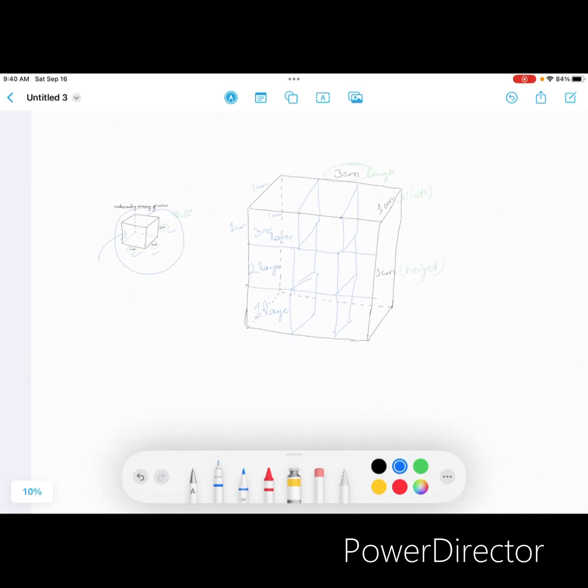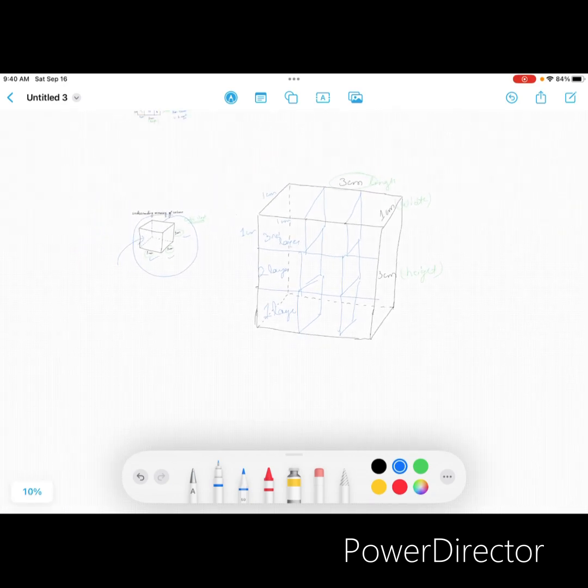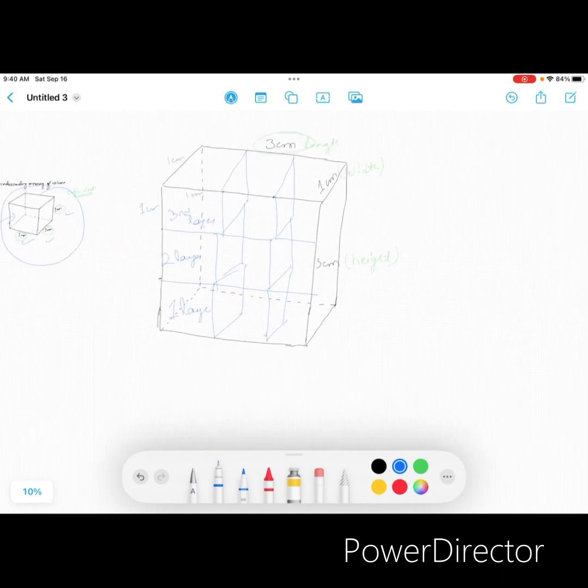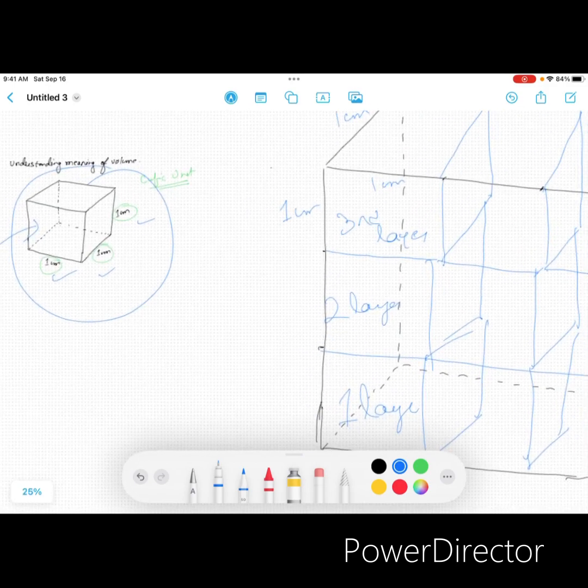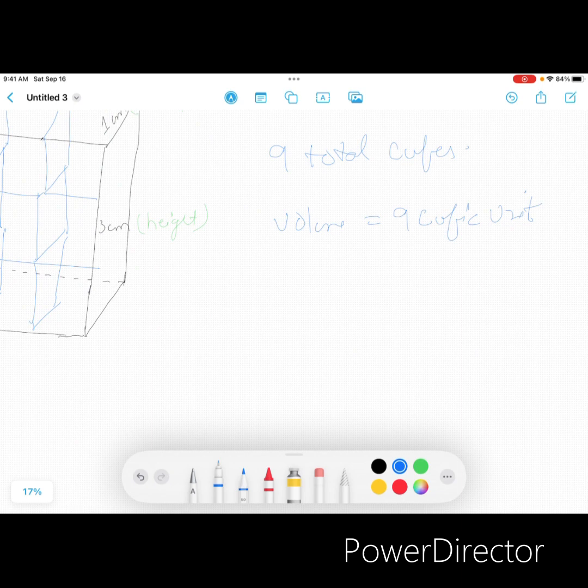So each layer, when all of them combine together, gives us the volume. So if we calculate here, we have 9 total cubes. So volume is 9 cubic unit. Now if you see here, the unit that we have used here is centimeter, so we can write it as volume is equal to 9 centimeter cube.